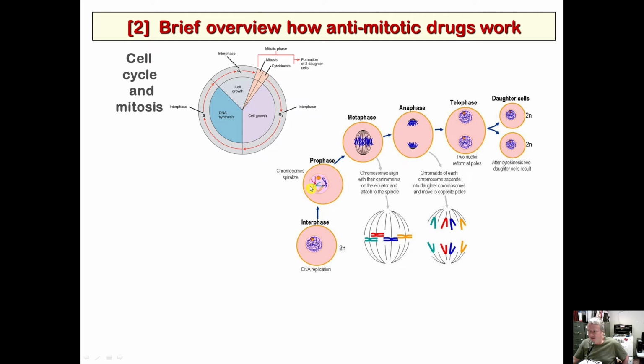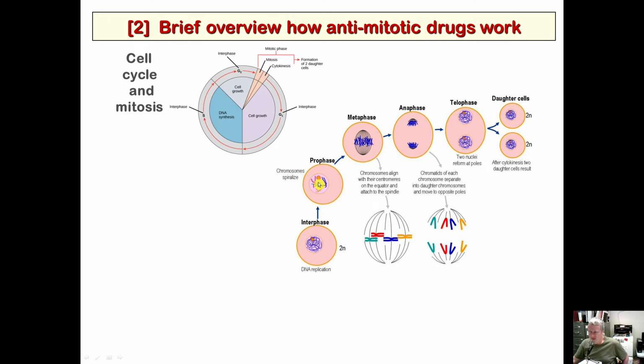In this prophase part, the chromosomes spiralize in a way that they can be separated. It becomes ready to separate into two different cells, I guess.